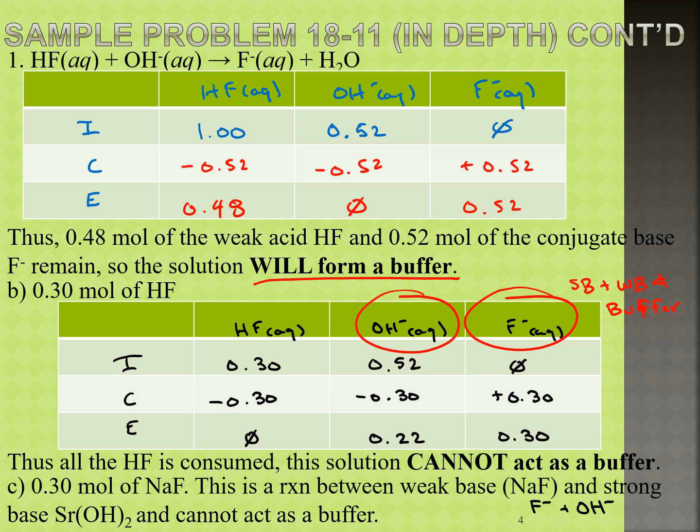Well, a weak base, again, plus a strong base don't equal a buffer. They cannot make a buffer. There's no way to get partial neutralization. There's no way for us to make a weak acid from those two reactants, and so there's no way for us to make a buffer.